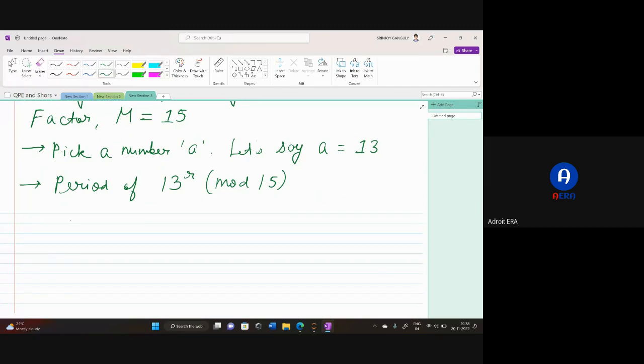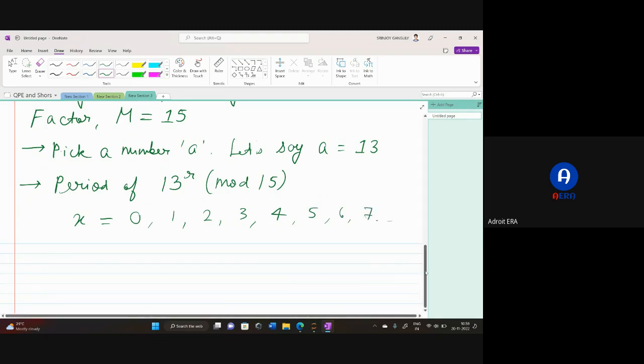Let's define x equal to 0, 1, 2, 3, basically some powers. We just need to keep calculating the mod and see, and so on you can go. Then 13 to the x mod 15. Let's try to find what value comes.